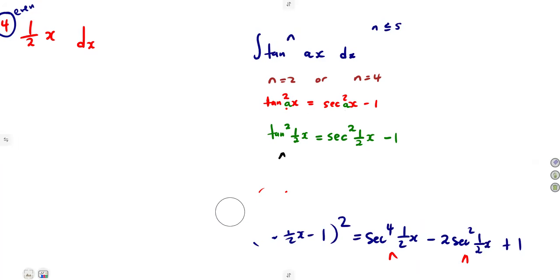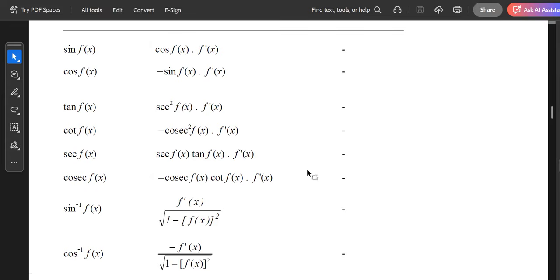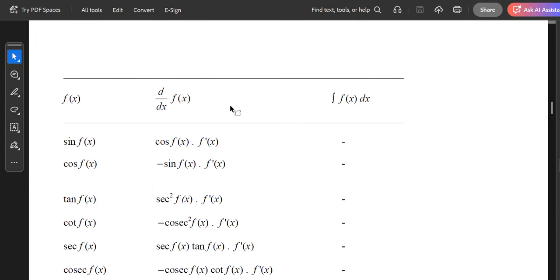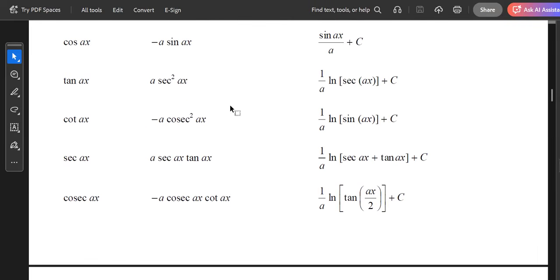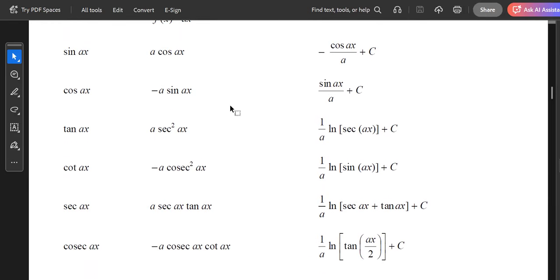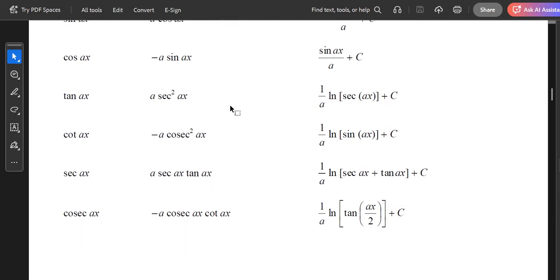But the easier path here, the reason why we are going to use this other one that I'm going to explain now is that if we check the part where there's a sec squared, let's go to the derivative where there is a sec and a tan.